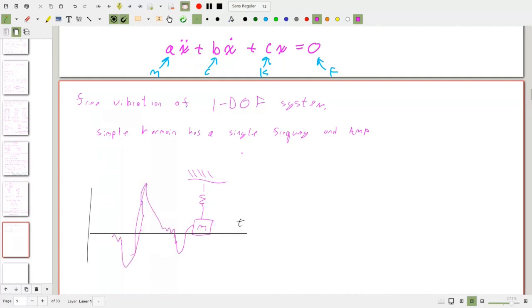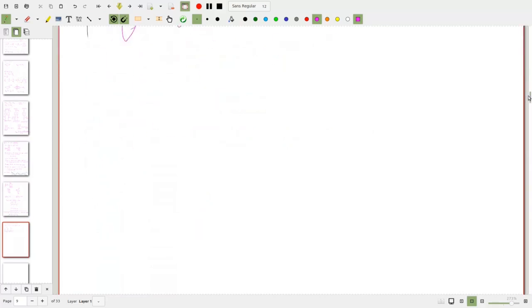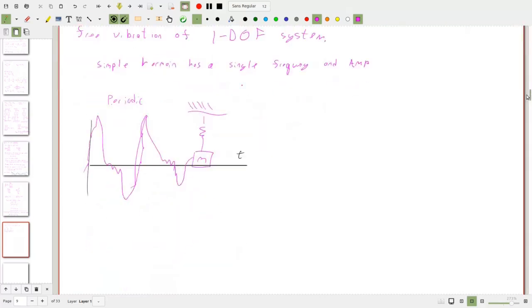So this is periodic because it repeats itself, but it is not simple by any means. Does that make sense? You see how this mass is moving up and down, and this is how we build the plots out behind it.